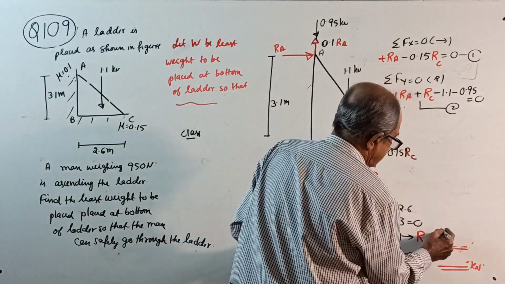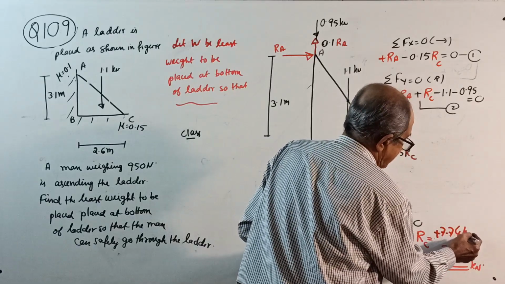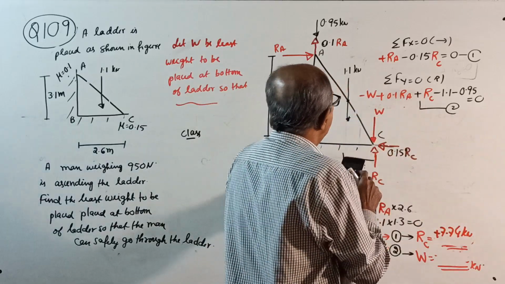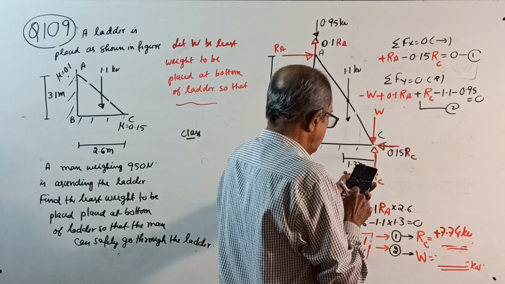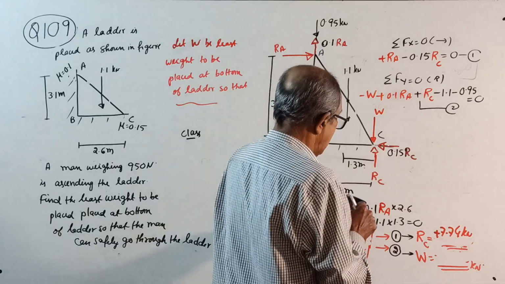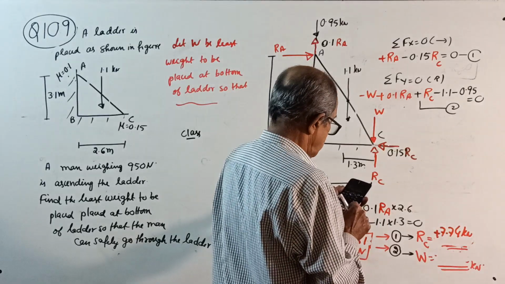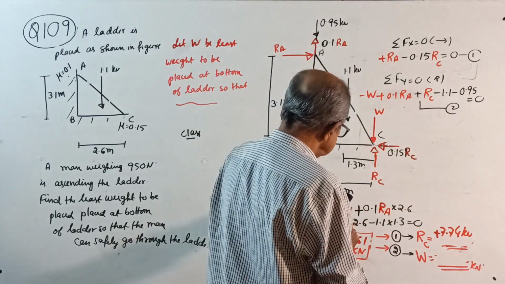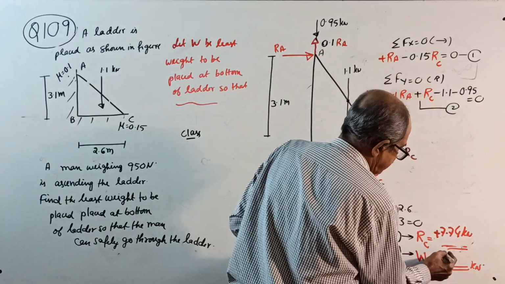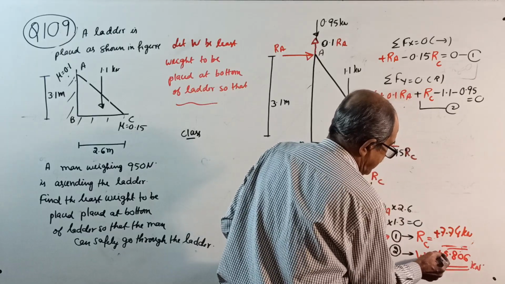Now substitute in equation 2: W equals 0.1 into Ra 1.161 plus Rc 7.74 minus 1.1 minus 0.95, which is 5.806 kilonewton. The sign is important.